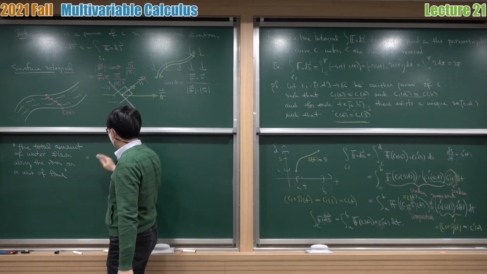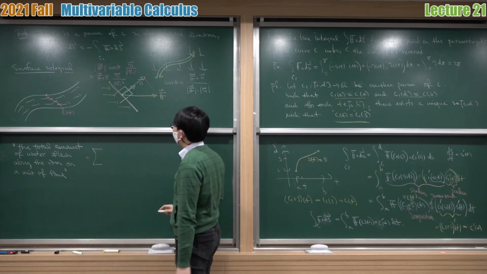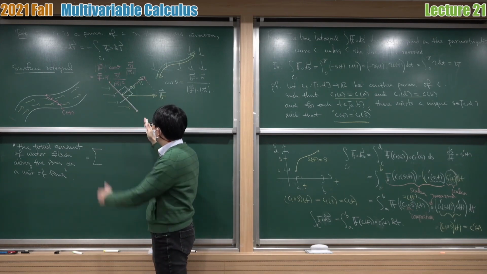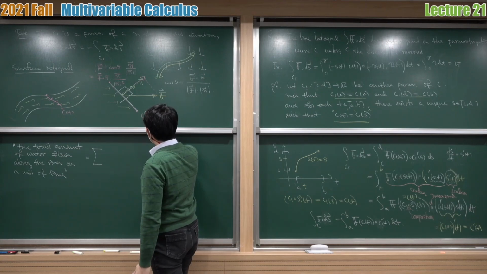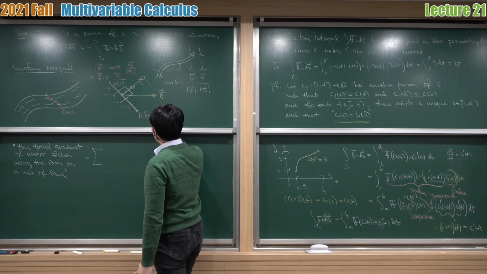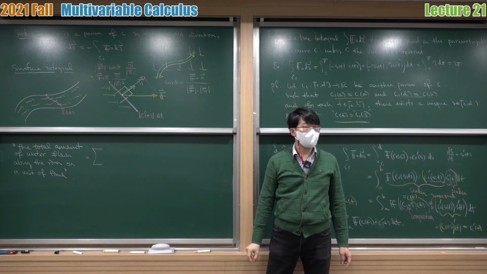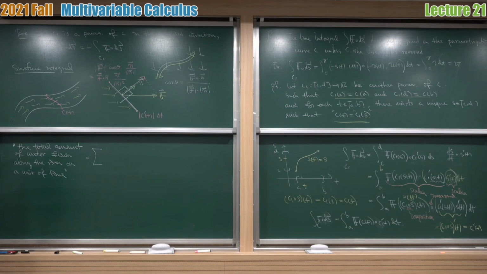So this is going to be the sum of what? These small segments have length C prime t, that's the value delta t. Okay. So we have been talking about this many times.